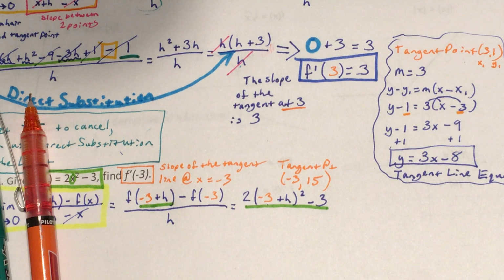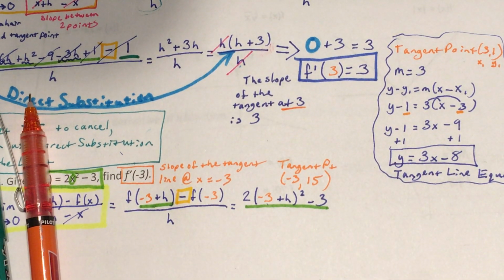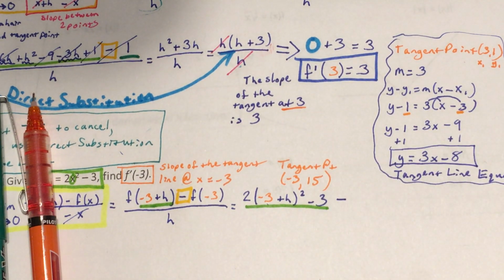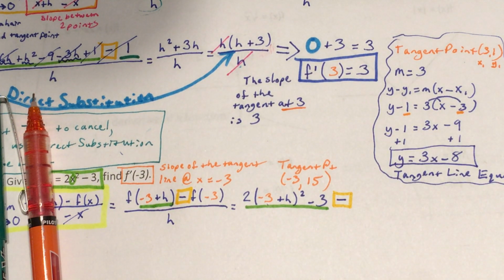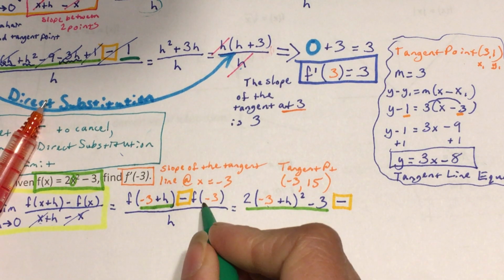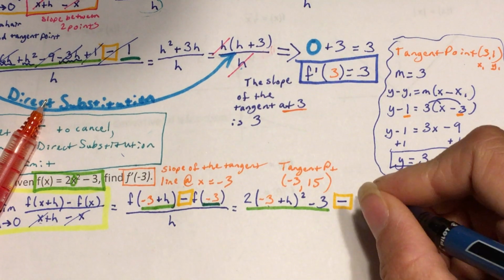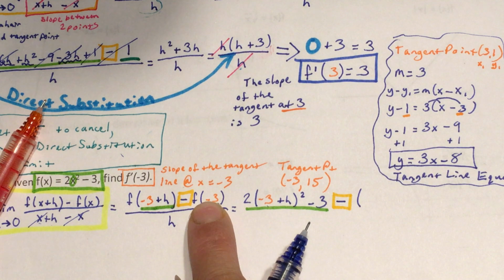And remember, folks, sometimes I use this minus sign as sort of an anchor to tell where I'm at in the work, because some of the ones we do will get kind of lengthy. So then we have our minus sign. And then f of negative 3, we're going to plug negative 3 into our function. And remember, folks, we're going to need to enclose this whole thing in parentheses because I'm subtracting that entire f of negative 3.